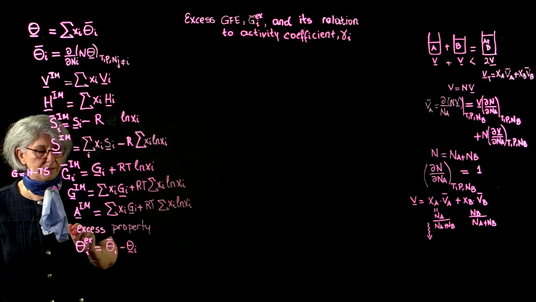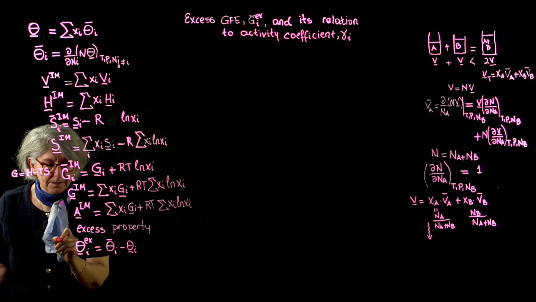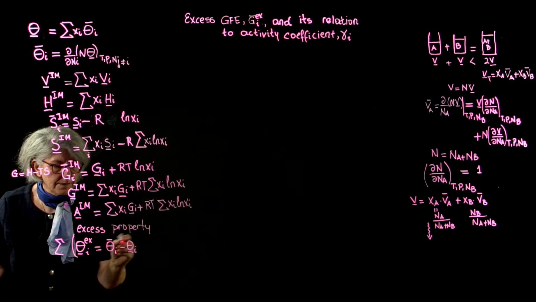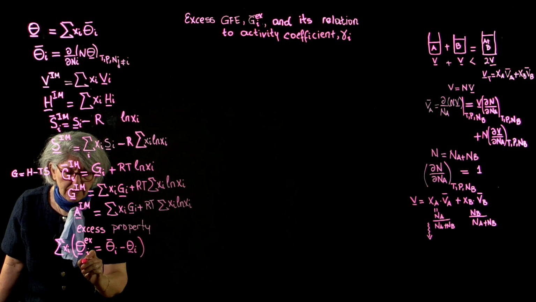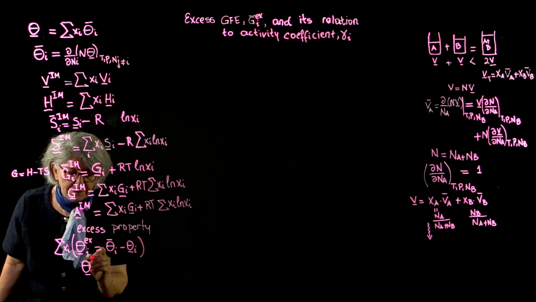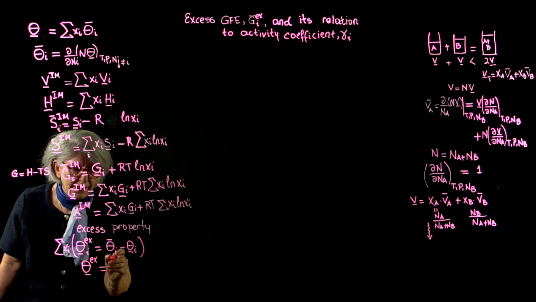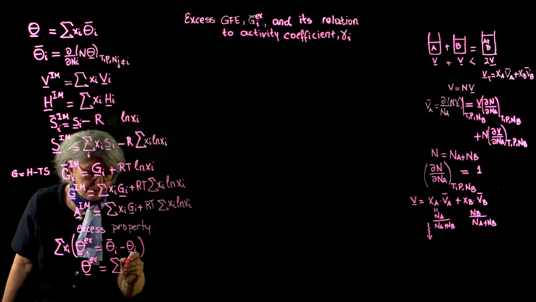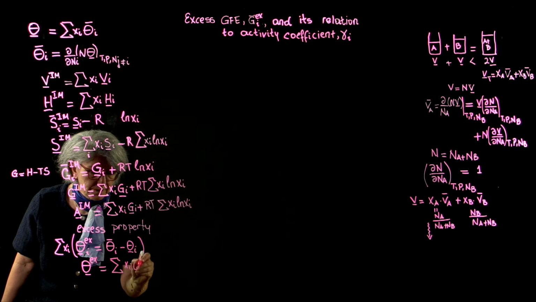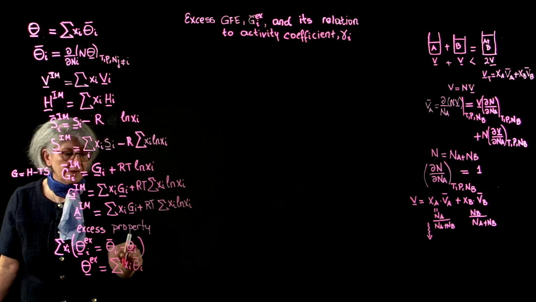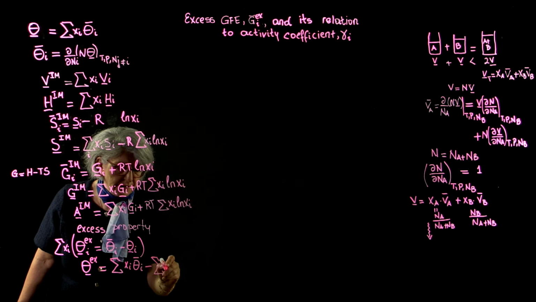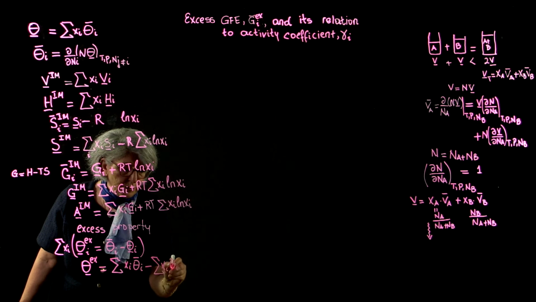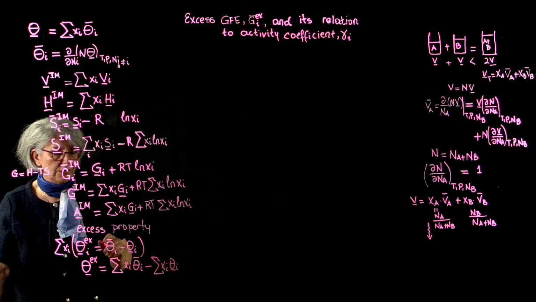So if we just sum this up over all species, we get the total excess, that is going to be xi times the partial molar property minus xi times the molar property of the pure component.